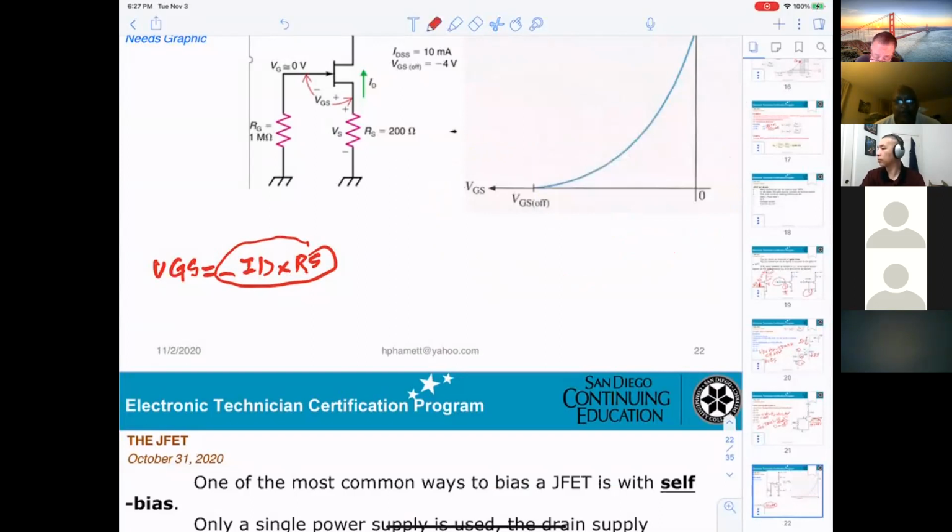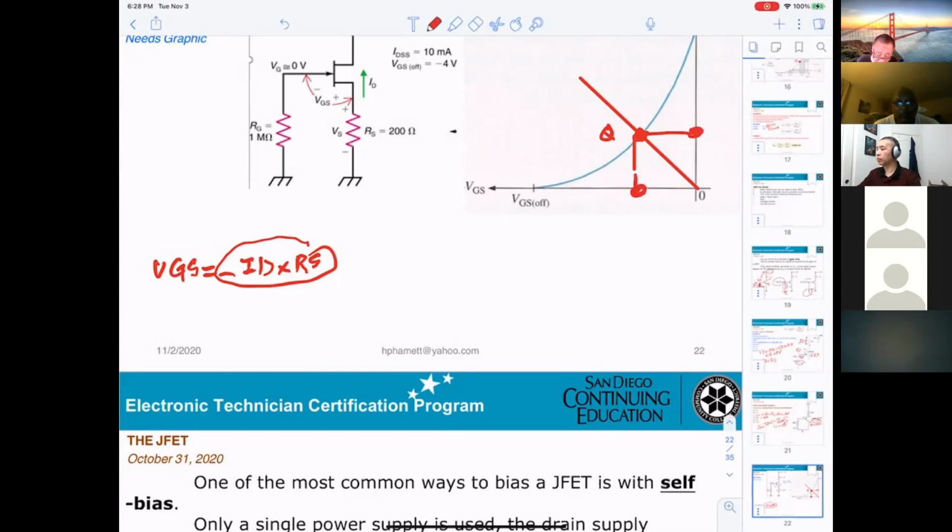You can draw any line, for example, this line here. When it cuts the curve at the point right here, the Q point, you can calculate ID this way, and you can calculate the VGS this way. So basically, you need to draw the line in order to cut the curve at the Q point.